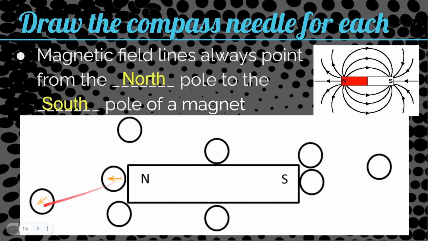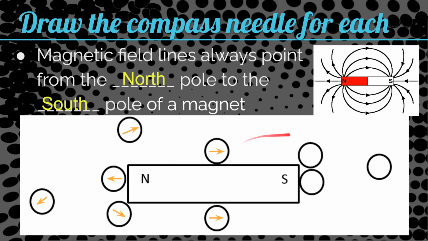Okay, if I looked here, I would have that loop that starts to go around. And so I would see something kind of at a diagonal representing one of these loops that you see here around my magnet. Okay, here again it's going to bend because it's a loop and it's going to start to go back this way. So again, you might see that there. If it was right next to the middle of the magnet or along the side of your magnet, again, because they go from north to south, you'd see them pointing to the right.